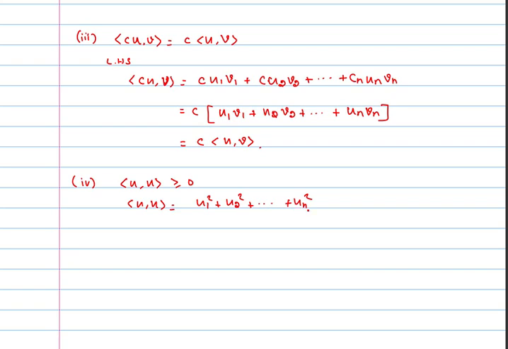These are all non-negative numbers, and a sum of non-negative numbers is non-negative. If this becomes 0, it is only possible when all the entries are 0. That is, U1 square is 0, U2 square is 0, and Un square is 0, so all components are 0. This implies U comma U equals 0 if and only if U is the zero vector.